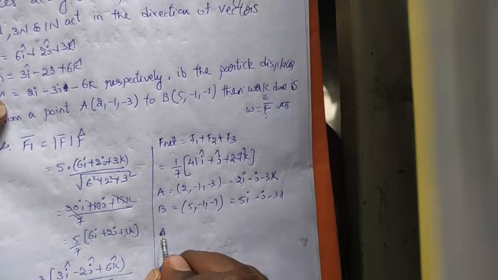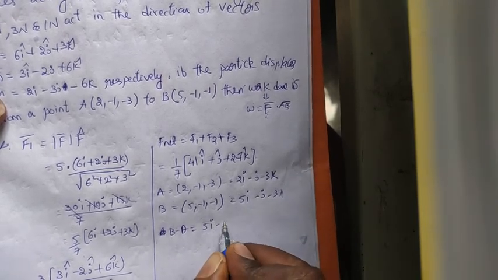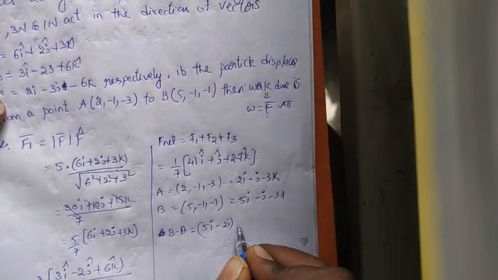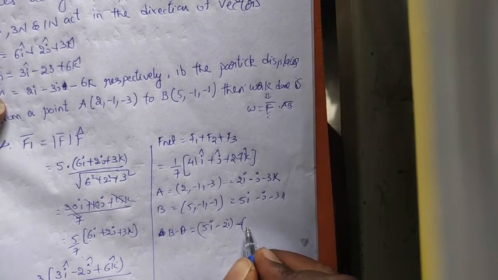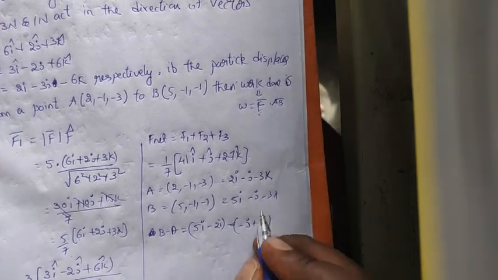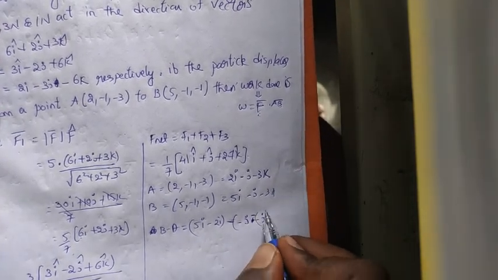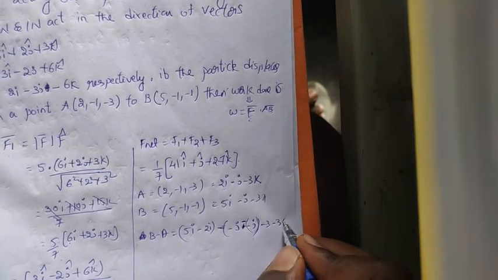If you do B minus A: 5i minus 2i, and next minus j minus of minus j, here minus into minus is plus j. Next minus k minus 3k.